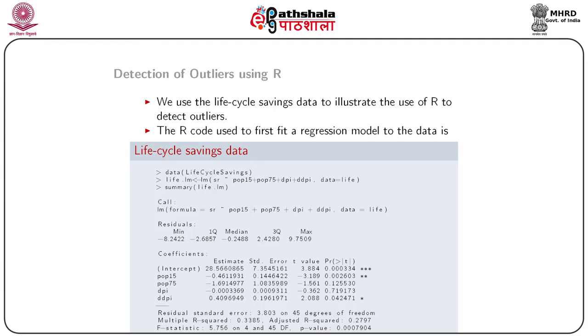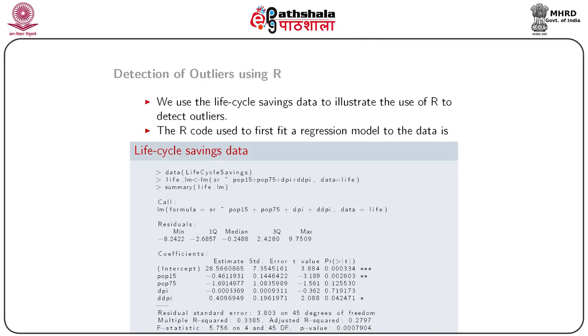The R code used to first fit a regression model is given here. We have used the lm function to fit a regression model to the life cycle savings data. And here the R output is also presented, which contains the estimates of the parameters corresponding to each explanatory variable.